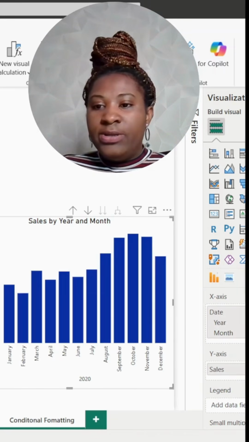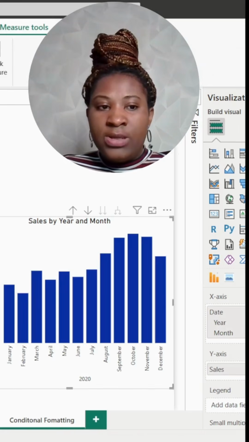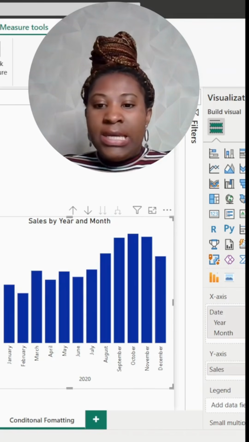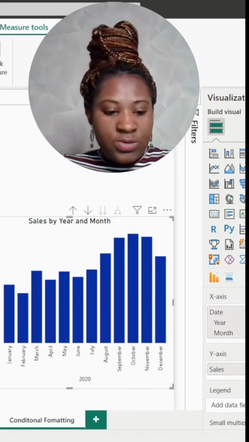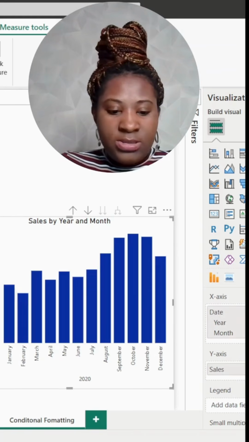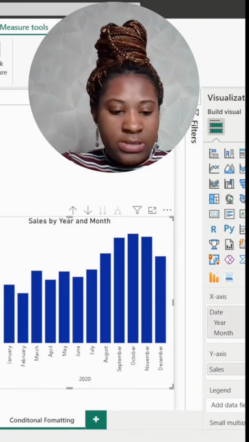and then in the measure, what we are going to do is we are going to compare the sales versus target. So we are going to call it compare sales underscore target.